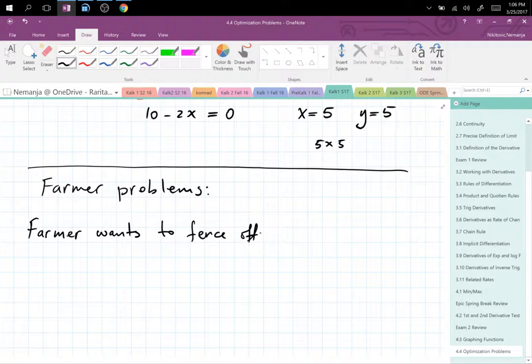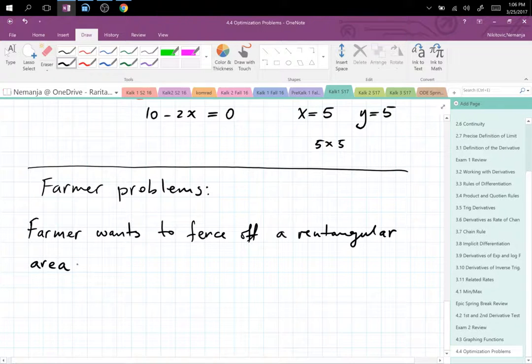Farmer wants to fence off a rectangular area of maximum area.